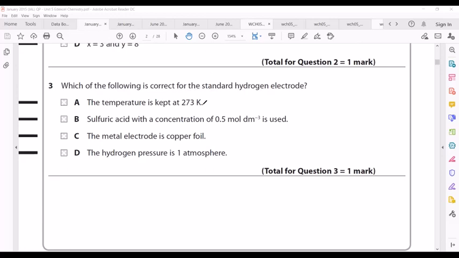No, it is 298 Kelvin, so it's wrong. Sulfuric acid with a concentration of 0.5 mol per dm cubed is used. We do not use this sulfuric acid. The metal electrode is made of copper foil, wrong. Hydrogen pressure of 1 atm is there. So D is the right answer.